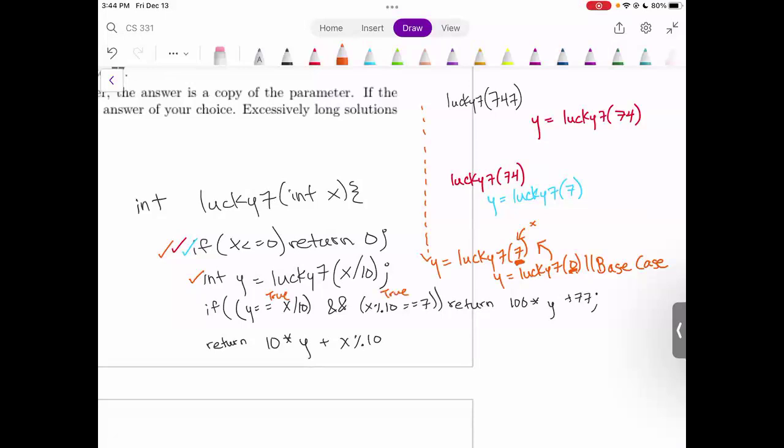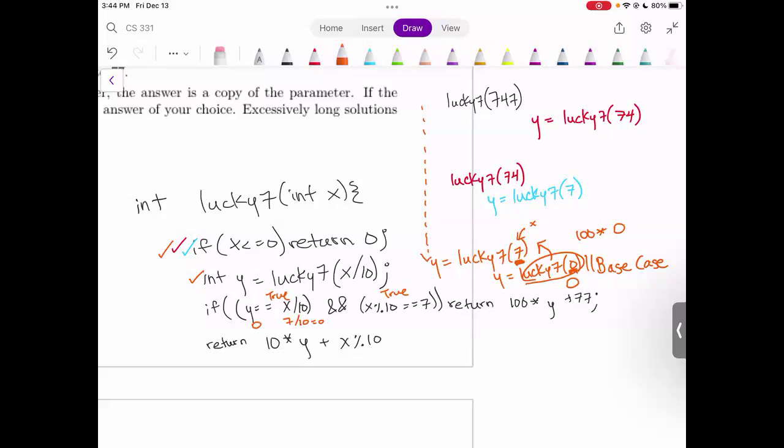We return 100 times y, which is 0 in this case. Y, this whole thing gave us 0. That's how we know. And then x divided by 10, right? This is 7 divided by 10 is 0. And this whole thing is 0.